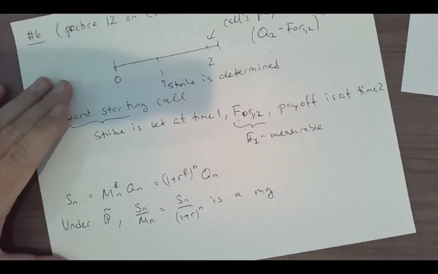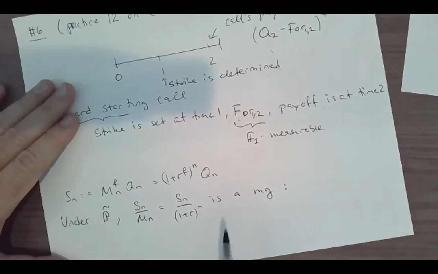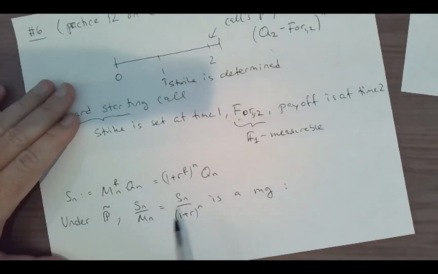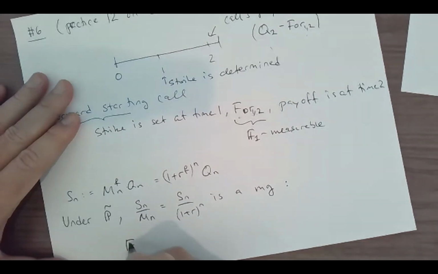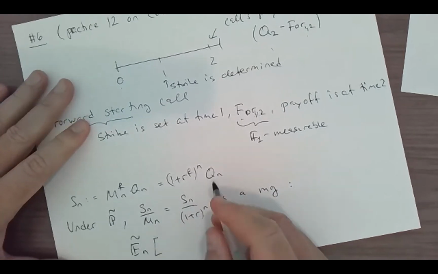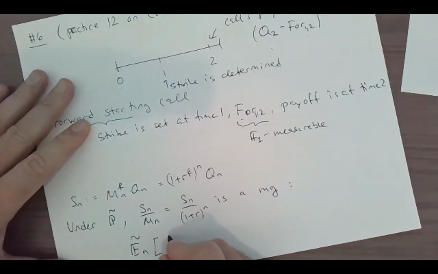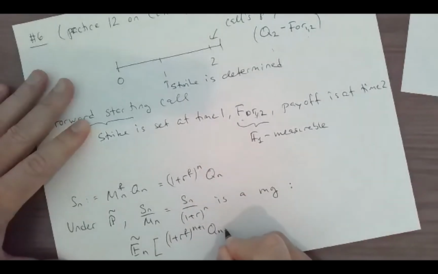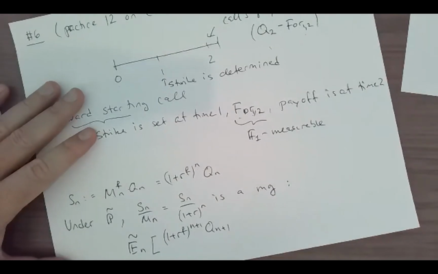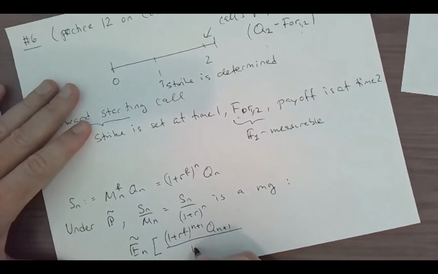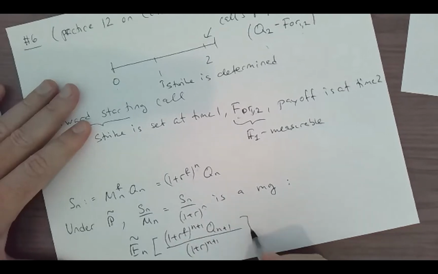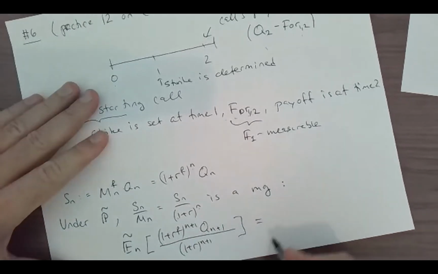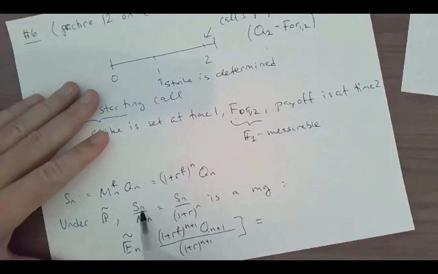So let's write out what that implies. If I compute the conditional expectation of this thing at a later time point, say n plus 1, that is (1 plus Rf) to the n plus 1 times Q n plus 1, divided by (1 plus R) to the n plus 1, I get exactly the same as the current value.